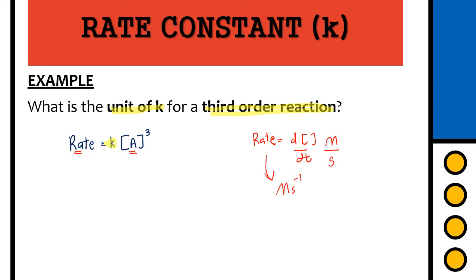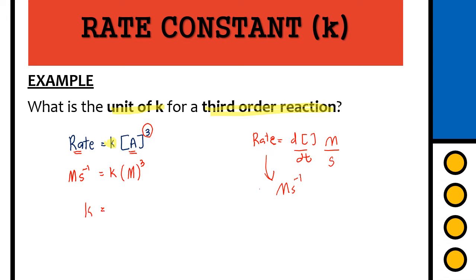Let's write it down here. Molar per second equals K. And then what is the unit for concentration? Since we already chose molar, for the concentration of A the unit will be capital M, molar, and then you have the order of reaction, so to the power of 3. To find the unit of K, rearrange the equation.